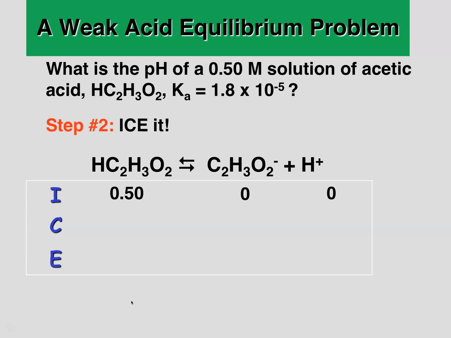I can only go in the forward direction, so my change is minus x and plus x. Reminder, any coefficients in your equation act as multipliers in this row. Put it together from an equilibrium perspective, and we get our equilibrium line.